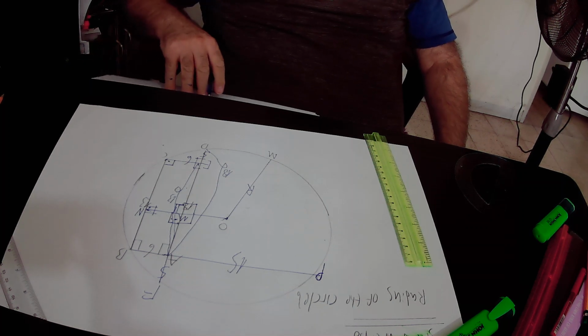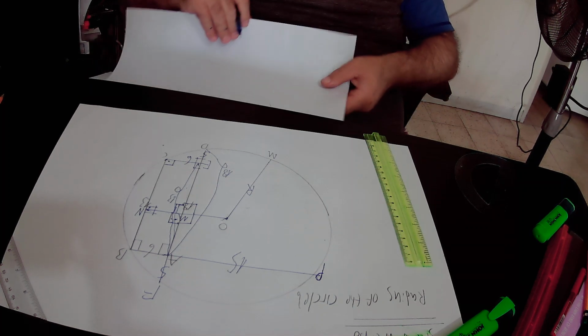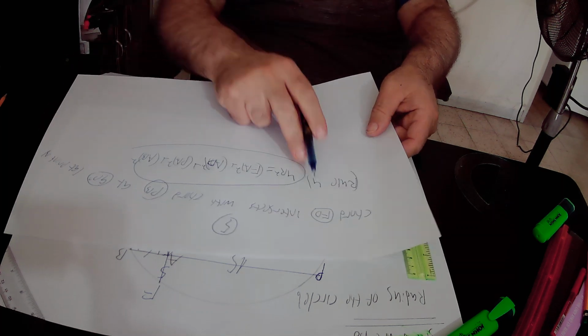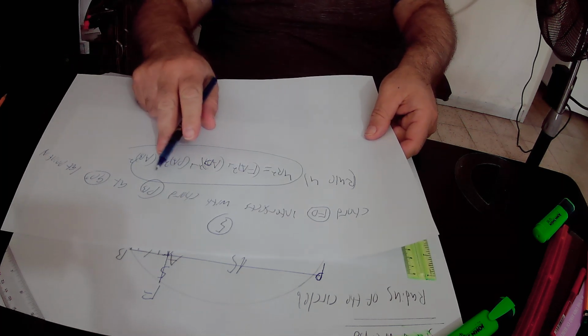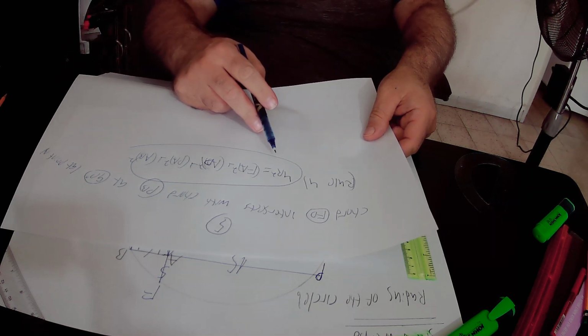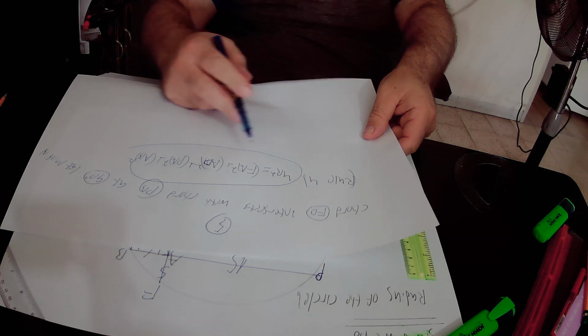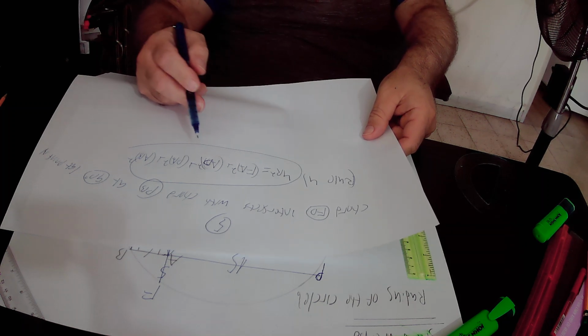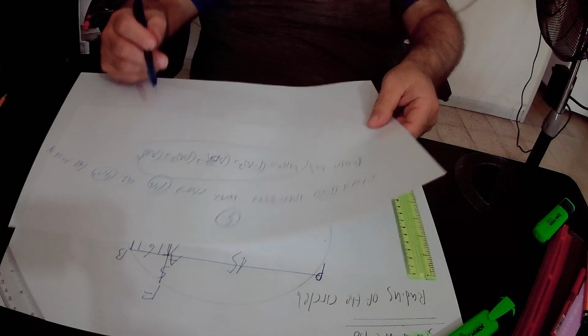Repeat again. Now, when you are drawing, we have chord FD that intersects with chord PB at 90 degrees at point A. Therefore, according to rule number 4, 4 times capital R squared, where capital R is the radius of the circle, equals FA squared plus AD squared plus PA squared plus AB squared.